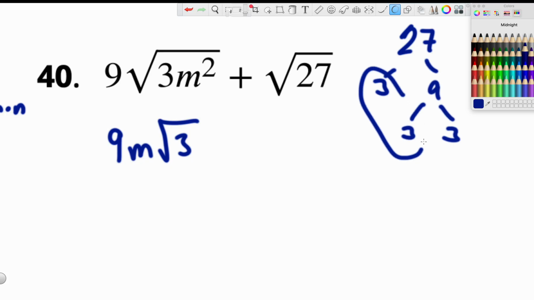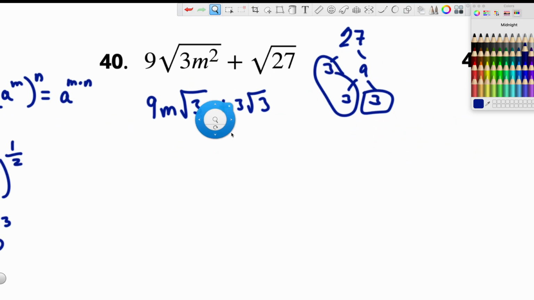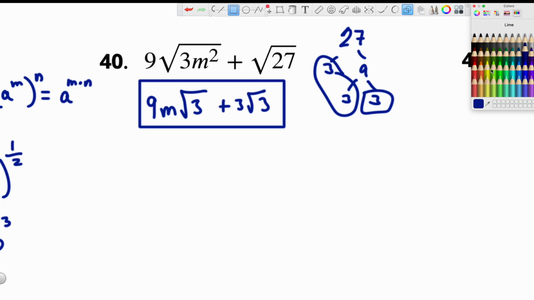A pair of 3's comes out, and there's an odd 3. So this would be plus 3 root 3. And for this one, we really can't add these together because of the m, so we're just going to leave it like that. We could write it in another form, but we're going to leave it like this. It's fine.